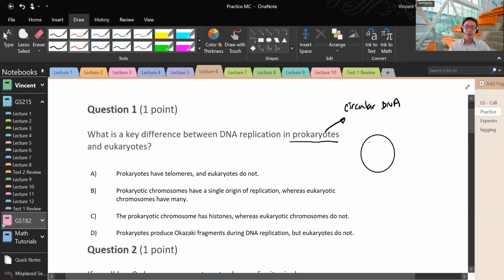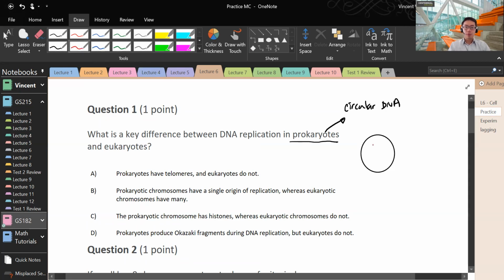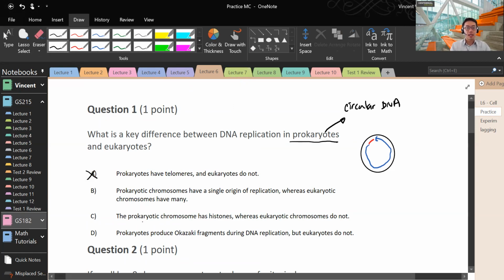If you want to copy this, you put a primer and it will replicate, and when it completes the loop, it just closes back on its own. So it will not get shortened like our linear DNA, which is why prokaryotes do not need telomerase. So this is not the answer.